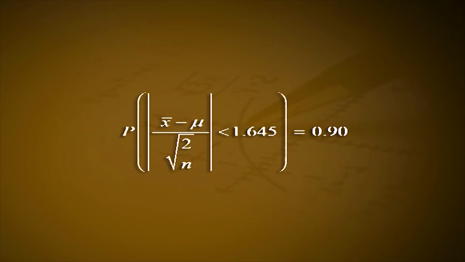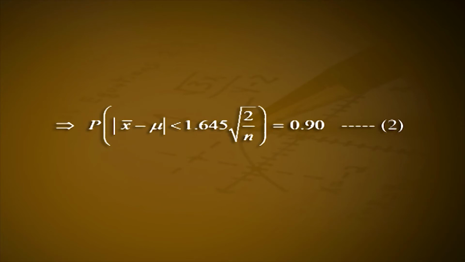From standard normal table, we get probability of modulus of x bar minus mu divided by square root of 2 by n less than 1.645 equal to 0.90. This implies probability of modulus of x bar minus mu less than 1.645 into square root of 2 by n equal to 0.90, let it be 2.